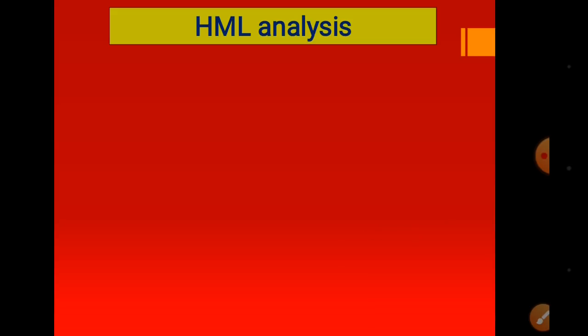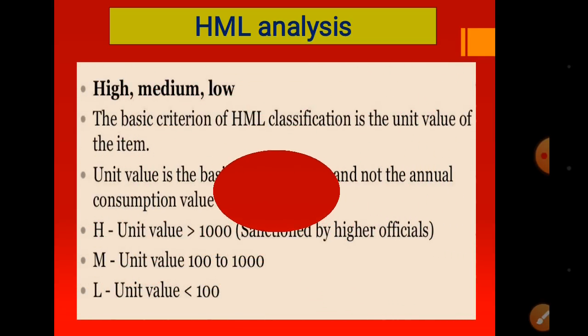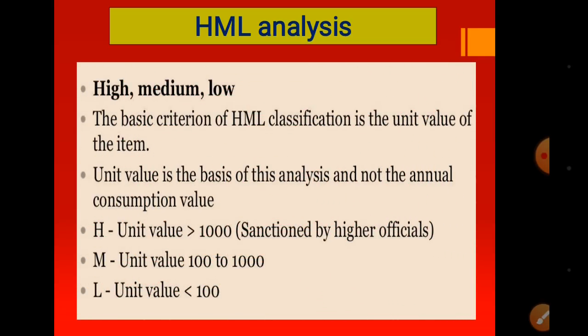Now, HML analysis. H means high, M means medium, and L means low. The basic criterion of HML classification is the unit value of the item. Unit value is the basis of this analysis and not the annual consumption value.